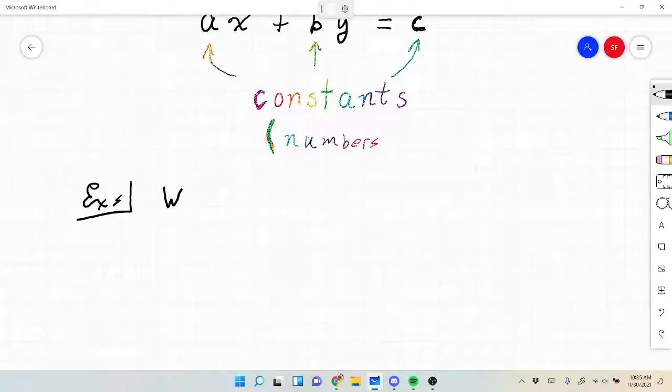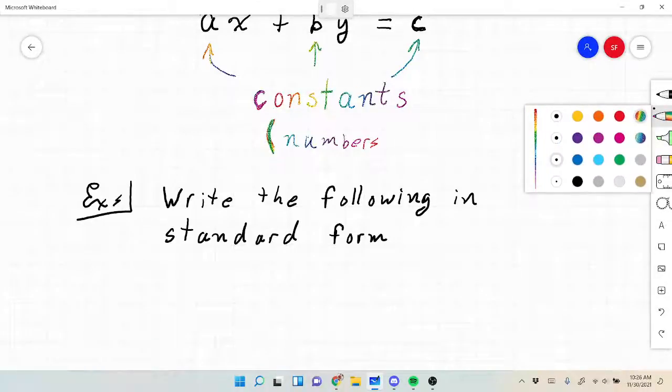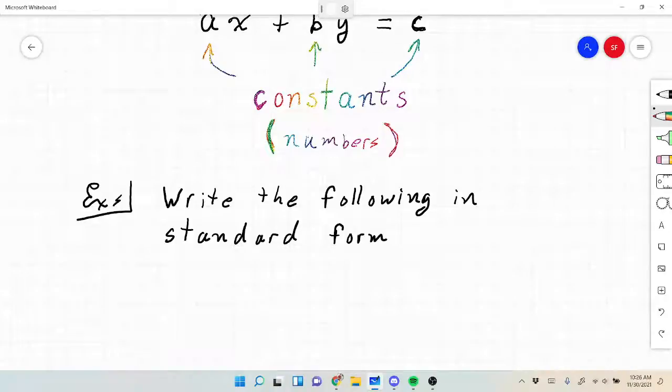Write the following in standard form. So, let's do example 1 from here.